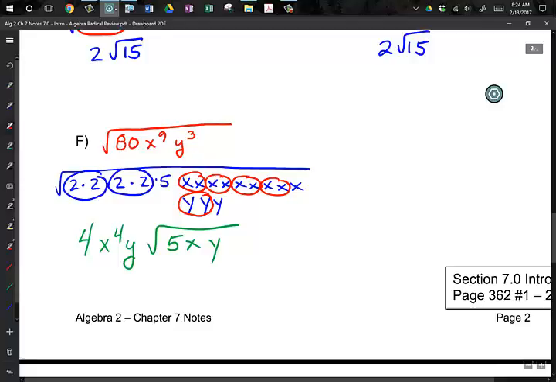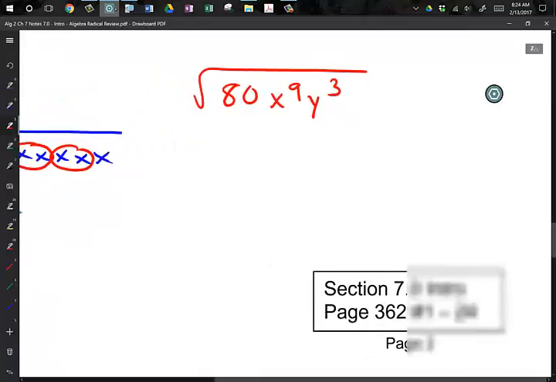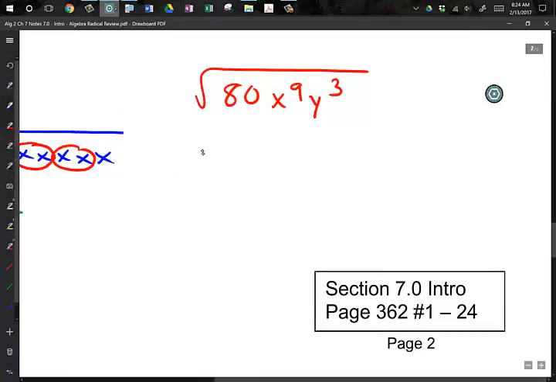I'm not really wild about the prime factorization method. It seems like it takes a long time. Let's look at the perfect square method. If I was looking at 80, you get good at thinking, hey, 16 times 5 is 80.